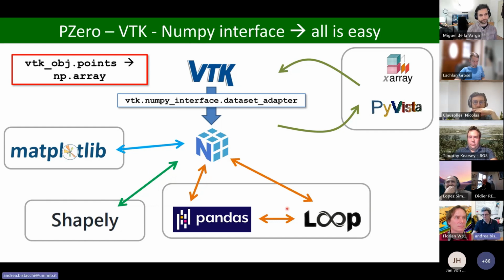And from this to pandas and to Loop, the library that was previously presented by Lachlan, that we use for implicit modeling. And then we use many other tools like Shapely, the same 2D geometrical and topological library used in QGIS. We use it for some tools in 2D views, like in map or in cross-section views.